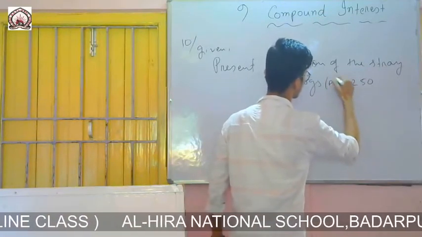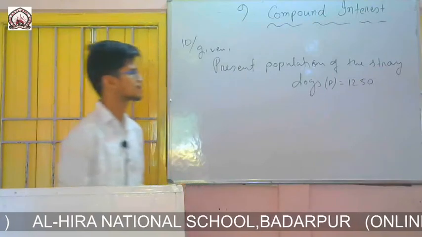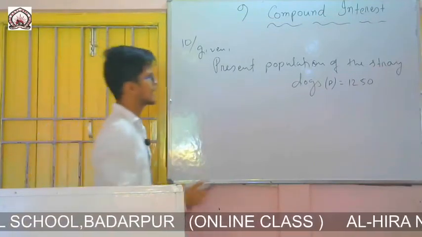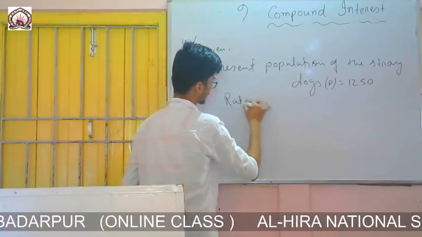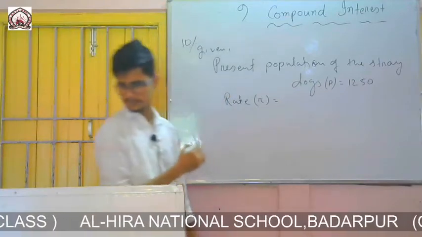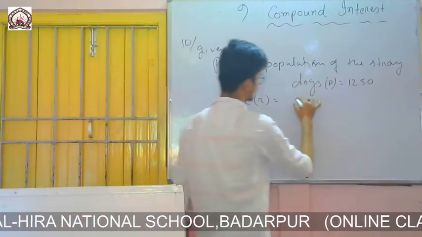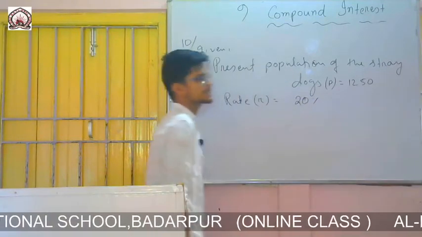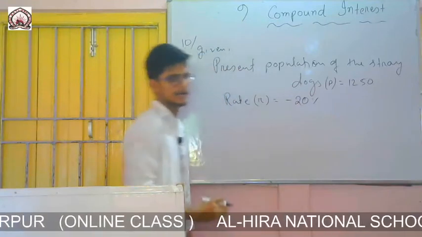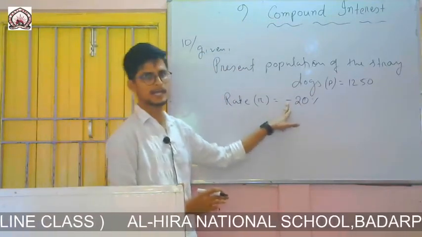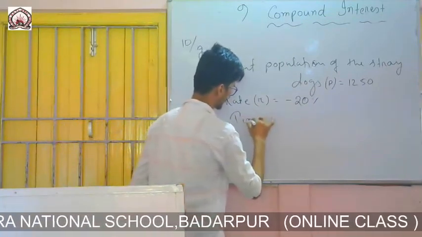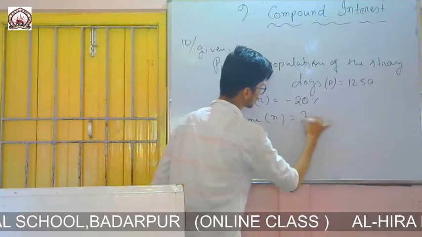Present population of the stray dogs is 1250, and the rate given is 20%. But in this case there is a decay, so we will give minus sign. Rate will be in minus, decreasing. That's why I have given minus 20%. And time is given 3 months, time n equals 3 months.